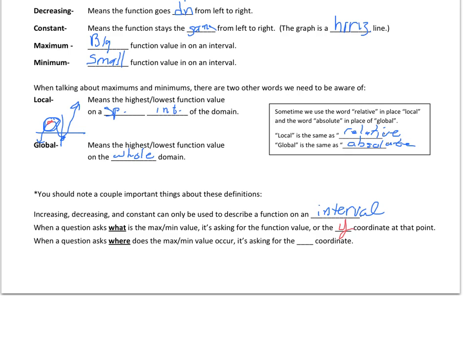If a question asks where that max or min is, it's talking about the x coordinate. So you say the maximum is 7 at x equals -2, or something like that. We will get into more details with that in a second.